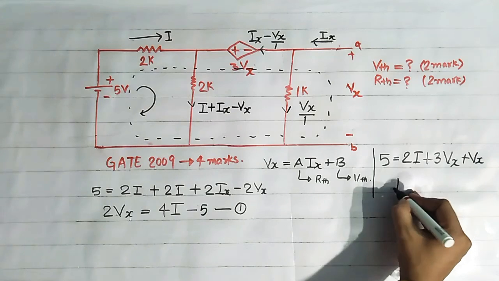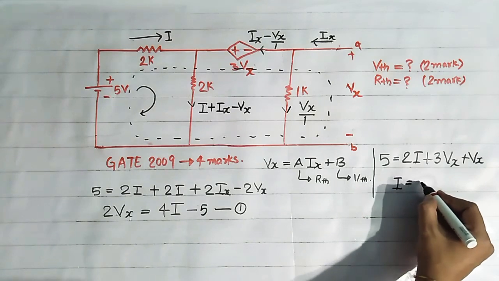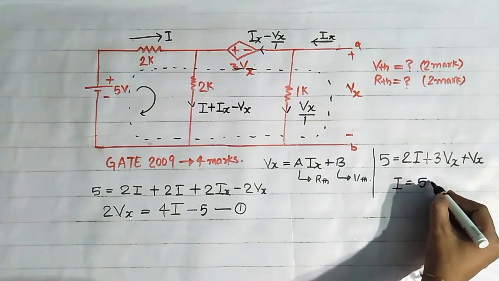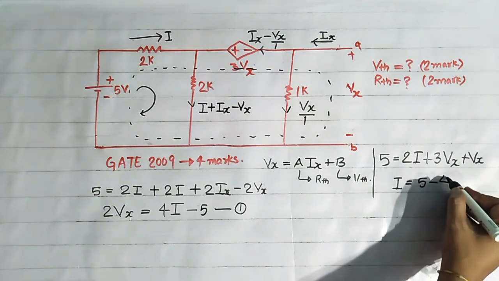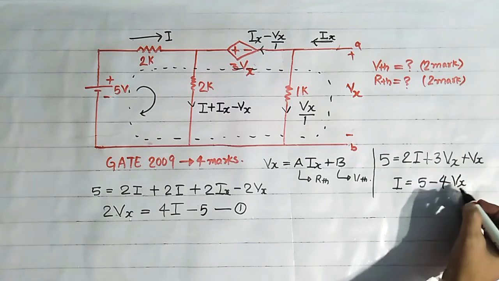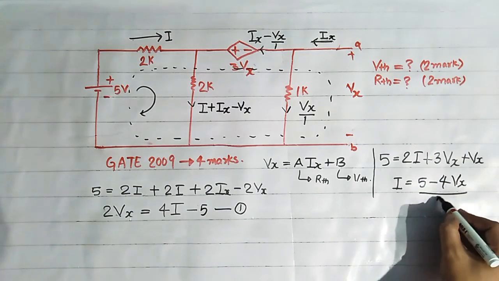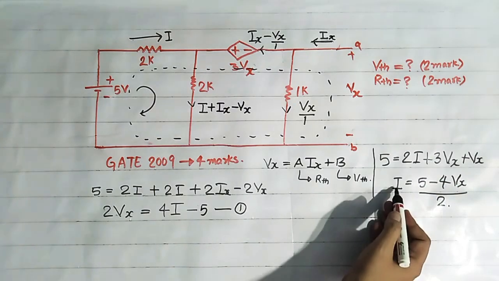So here we get I is equal to 5 minus 4Vx by 2.